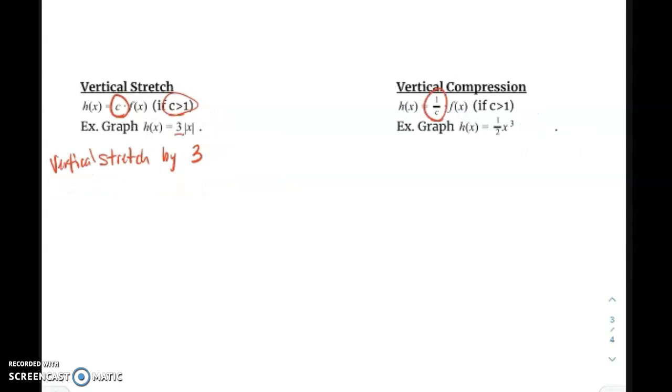If that number is a fraction, then you're going to compress, or it's going to get smaller vertically. Okay, let's do it with both a table and a graph.